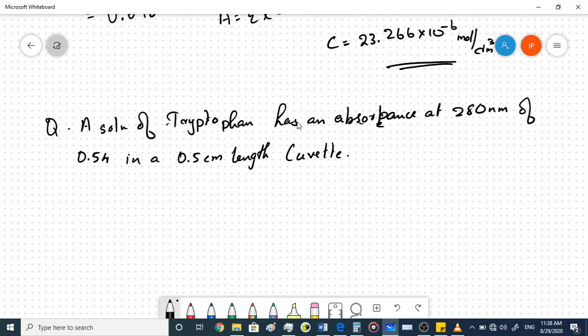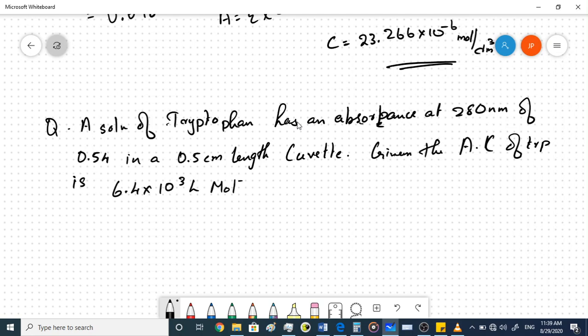Given that the absorption coefficient of tryptophan is 6.4 into 10 to the power 3 liters per mole per centimeter, what is the concentration of the solution?